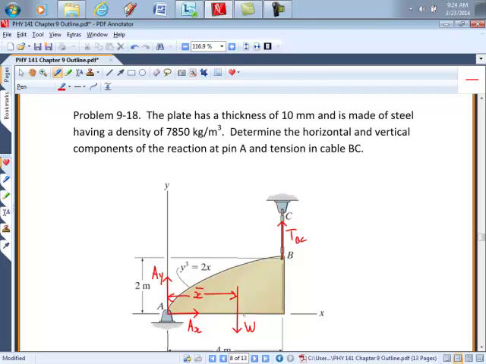Center of mass, yeah, but actually in this case the center of mass is going to be located at the center of area. And that's not the first thing that I want to find anyway, because in order to find the center of area, I'm going to need to find the area. And in order to find the mass and the weight, I'm going to have to find that area as well, and then multiply by the thickness and the density.